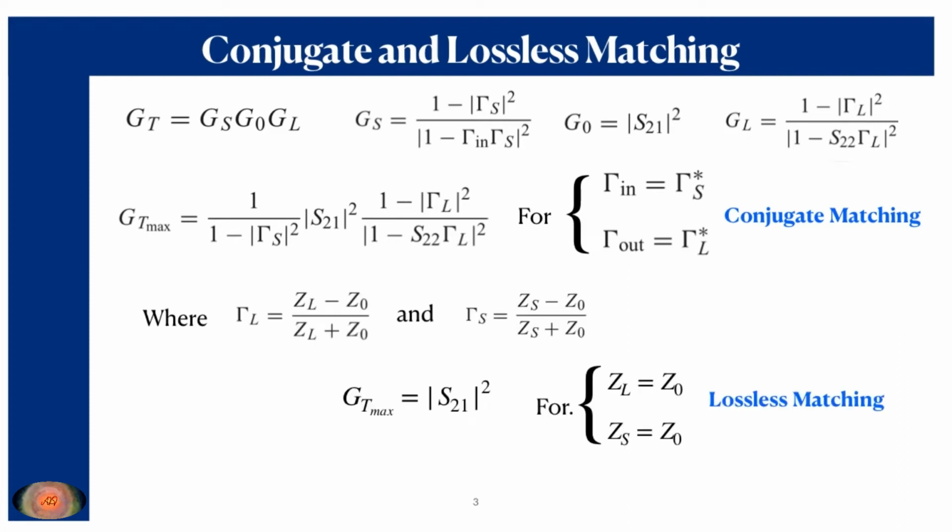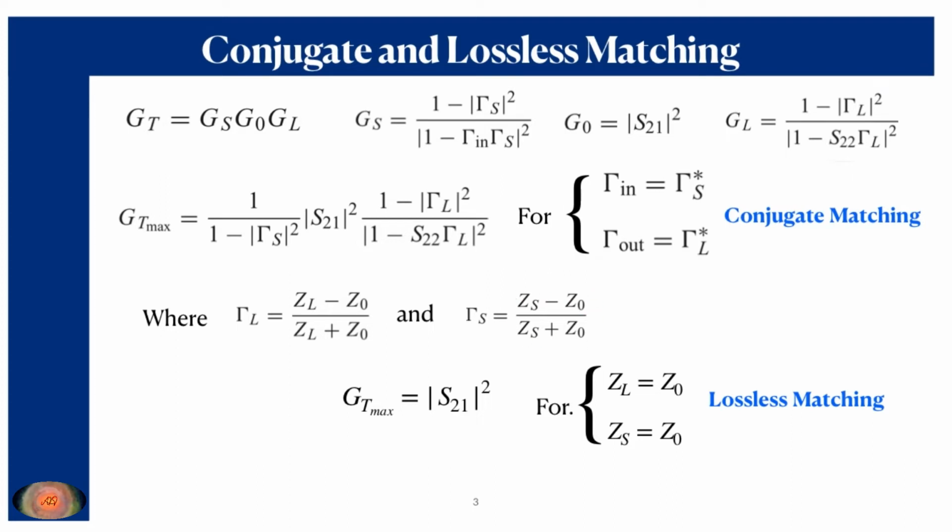And you can see here is the lossless condition, because gamma L has an expression containing the load impedance and the characteristic impedance of the amplifier, and gamma S, which takes into account the reflection from the input side, contains the source impedance and the characteristic impedance in its expression.